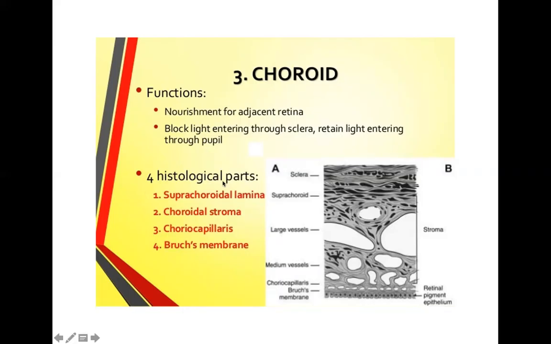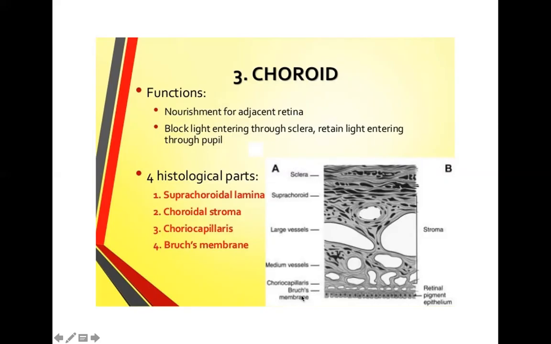Now, histologically, your choroid also has four histologic parts. Here, the outermost is your suprachoroidal lamina, followed by your choroidal stroma. Then you have your choriocapillary layer and your Bruch's membrane.